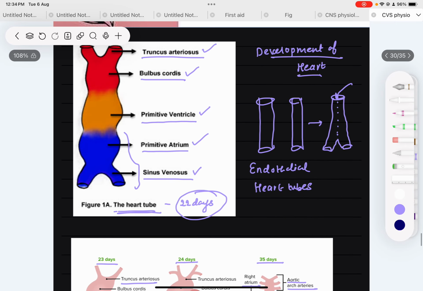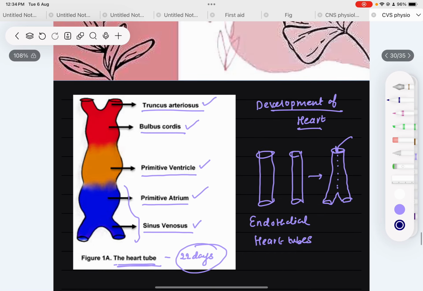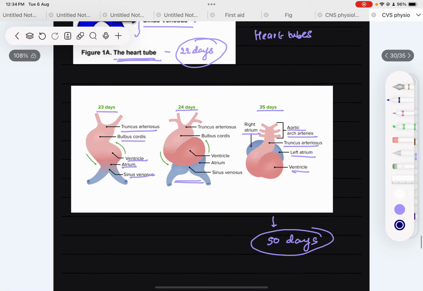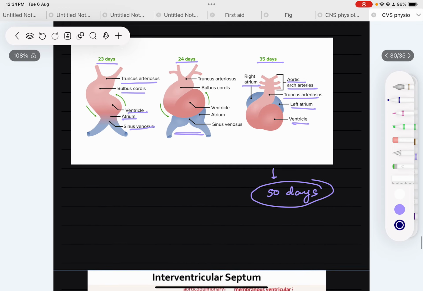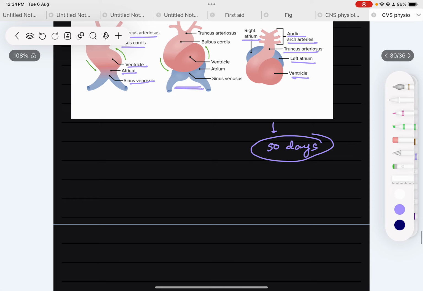So first about the sinus venosus. I am going to write here only. Let's start from the upwards first.